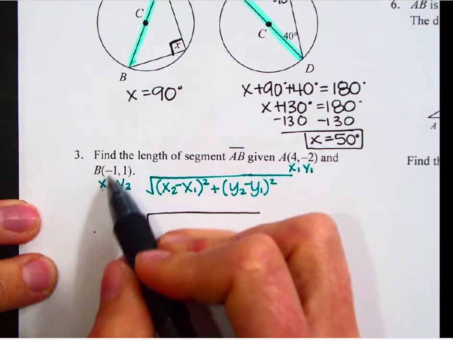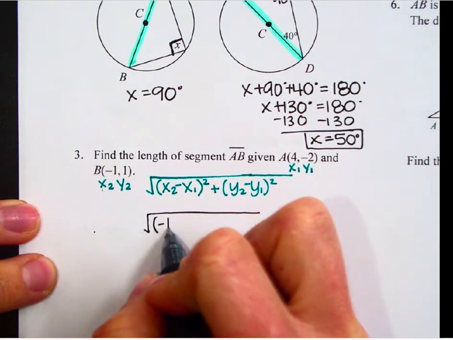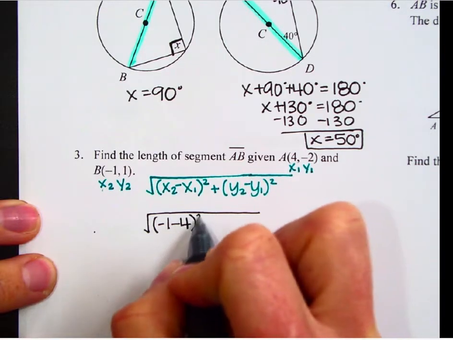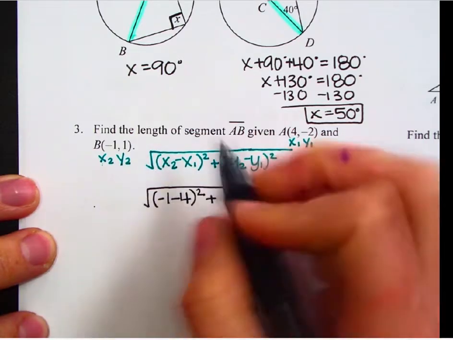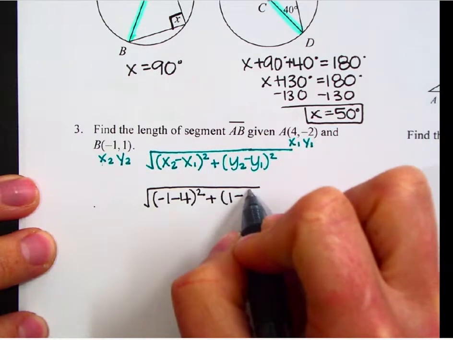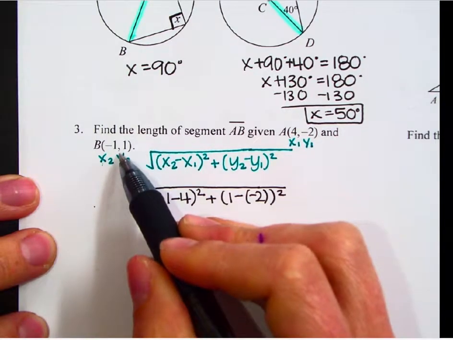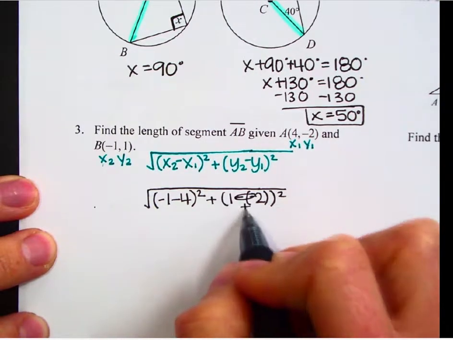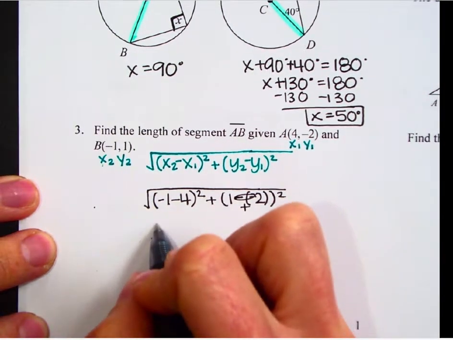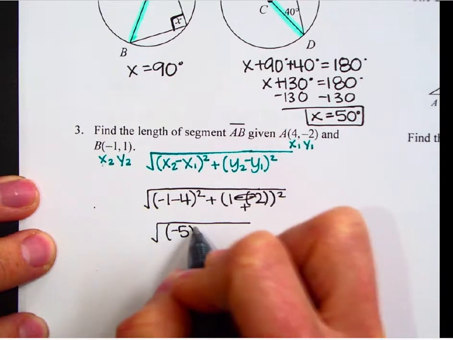We have x2 minus x1, so -1 minus 4, in the parentheses squared, and then y2 minus y1, so 1 minus -2. So be very careful right there. It's 1 minus the -2, and we know that means plus. So inside of parentheses, -1 minus 4 is -5.